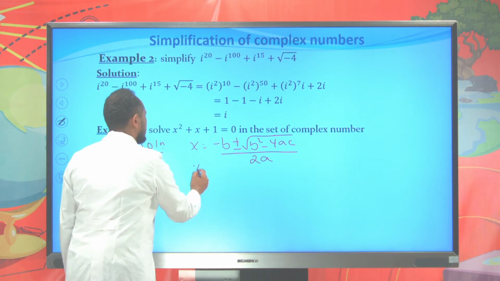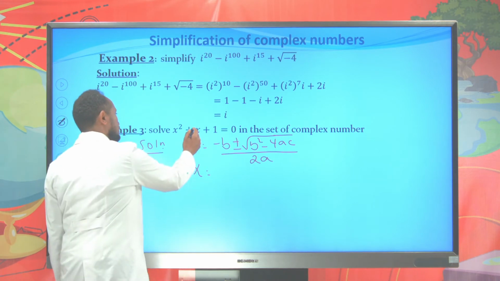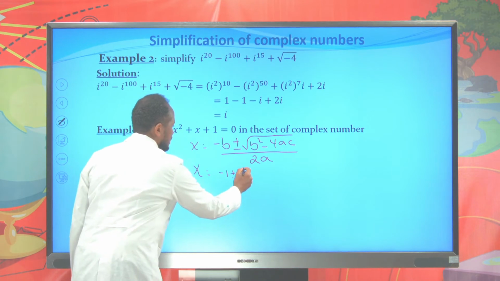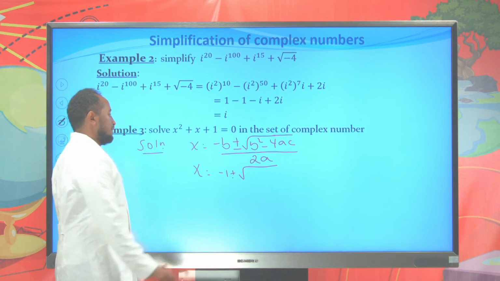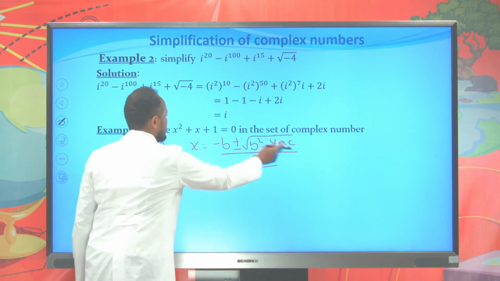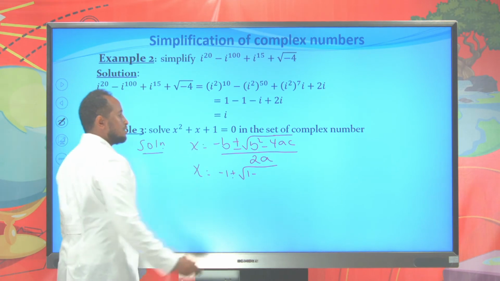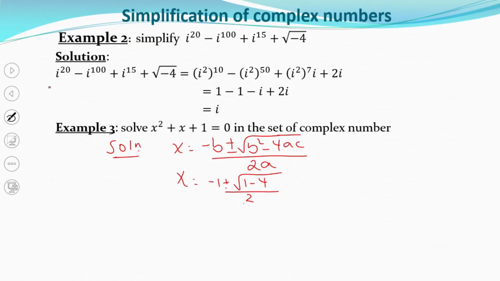Therefore, x is equal to minus b, the coefficient of b is 1, so minus 1 plus or minus the square root of b squared, our coefficient of b is 1, so 1 minus 4 times ac. a is 1, c is also 1, 4 times a is 4, divided by twice a.